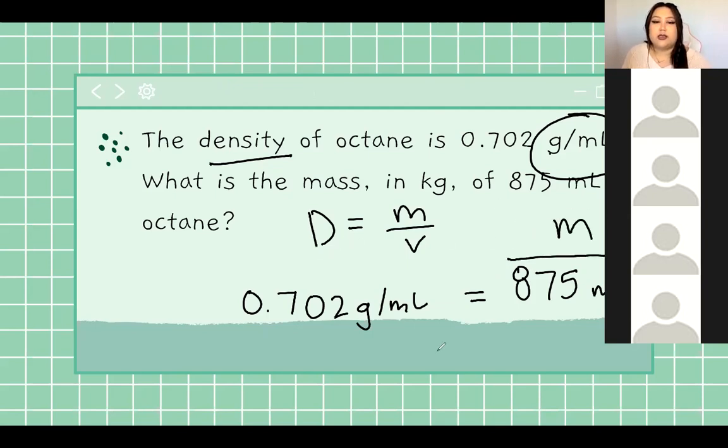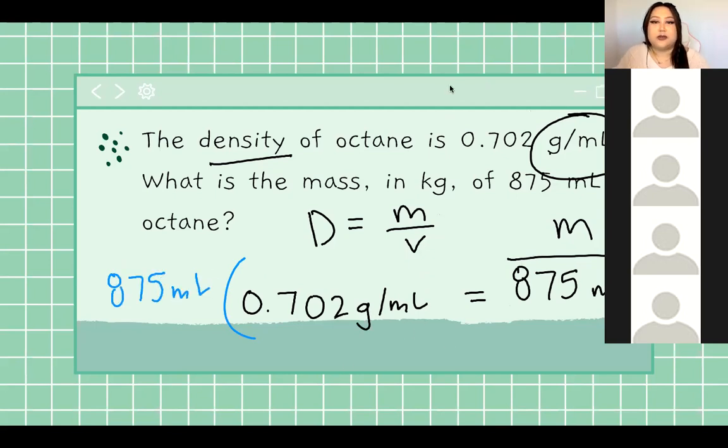So what do we do after we set the equation up? Do we divide this by this, or do we multiply? Or yeah, perfect. Thank you, Seth. So yeah, you would multiply 875 on both sides.